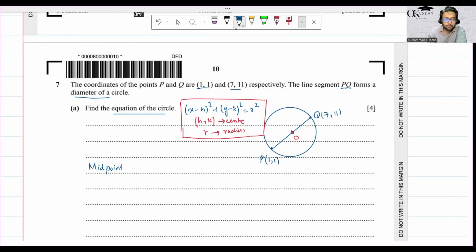Midpoint of PQ would be, the formula is (x1 plus x2) by 2, (y1 plus y2) by 2.